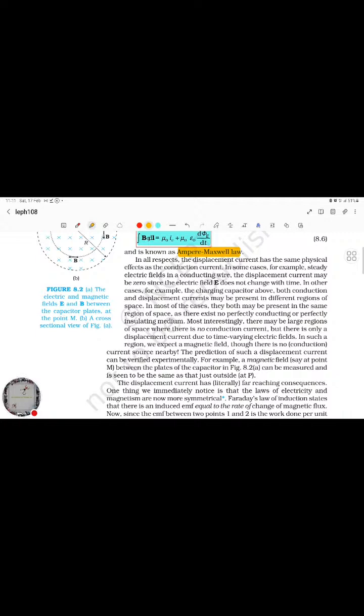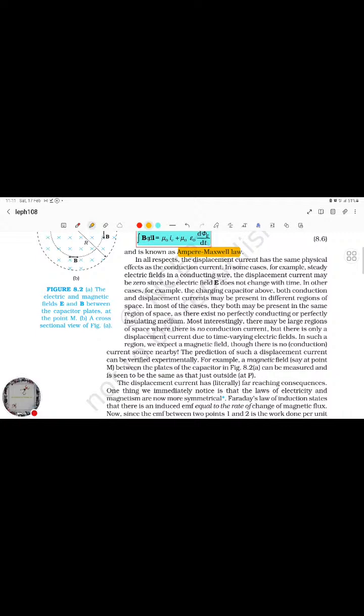So what are they trying to say now? In whatever respect you take, the displacement current and the conduction current have the same physical significance. Now, if a constant current flows in a conducting wire, there is no change in electric field, so definitely there is no displacement current. And at the same time, if there is some change in current, like say we have a charging capacitor, the amount of charge deposited on the capacitor plates will vary with respect to time.